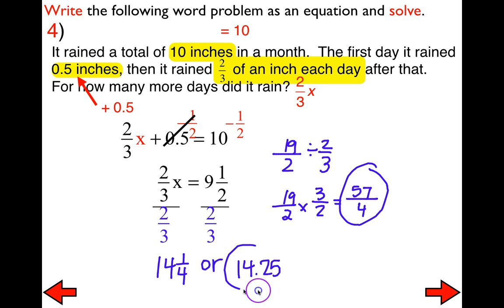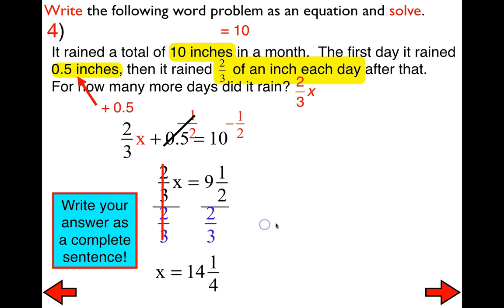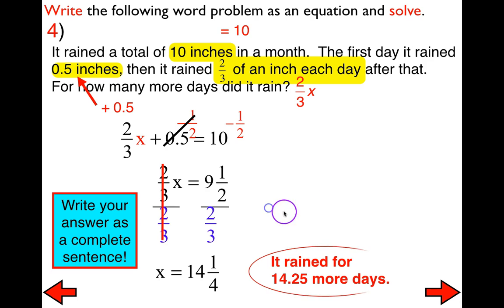So all of these are equivalent answers. Any of these would work. So again, in order to answer the question, I'm going to say that it rained for 14 25/100 more days. But again, 57/4 is also an equivalent answer, so it would suffice.